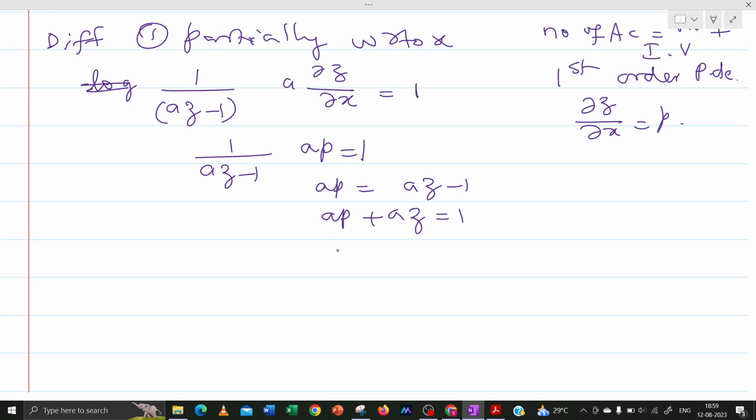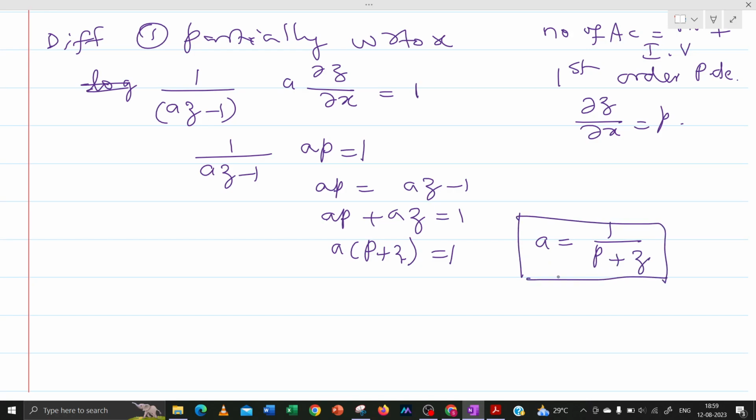Then you can take a outside, this is a(p plus z) equal to 1. So a value is 1 by (p plus z). A value is 1 by (p plus z). Then this is equation number 2.